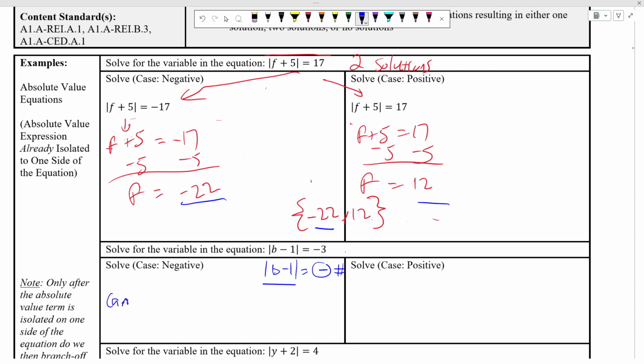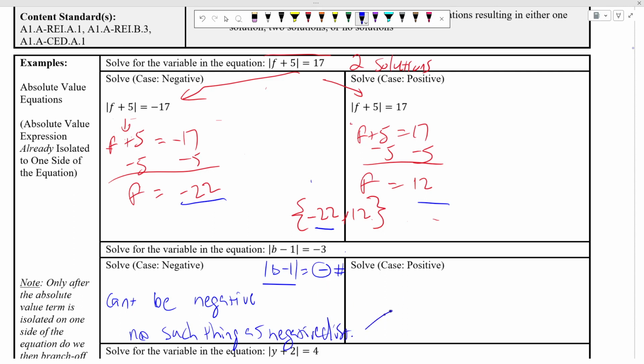So let me even write that. Can't be negative. It simply defeats the whole purpose of absolute value. Absolute value is to remove consideration of direction. And when you have an answer like this where it is negative, you are considering direction. Thus, you are violating the idea of absolute value in the first place. Can't be negative. There's no such thing as negative distance.